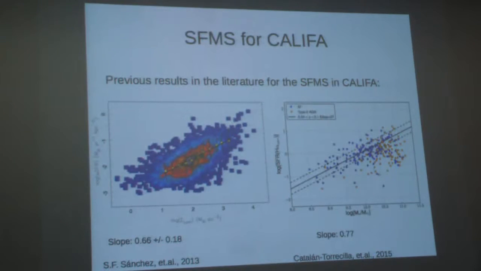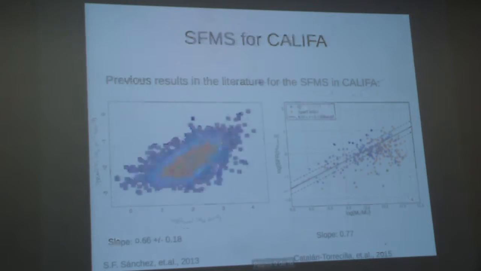I also need to say that this was not the first result that shows the star formation main sequence using the CALIFA data. There have been two previous works. One of them is that of Catalán-Torrecilla et al. 2015, who derived the star formation main sequence relation for integrated quantities, and also the work by Sánchez et al. 2013, who built the spatially resolved star formation main sequence relation using only HII individual regions of the galaxies.